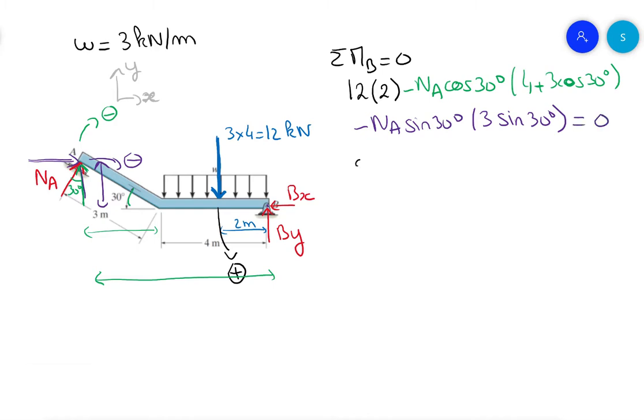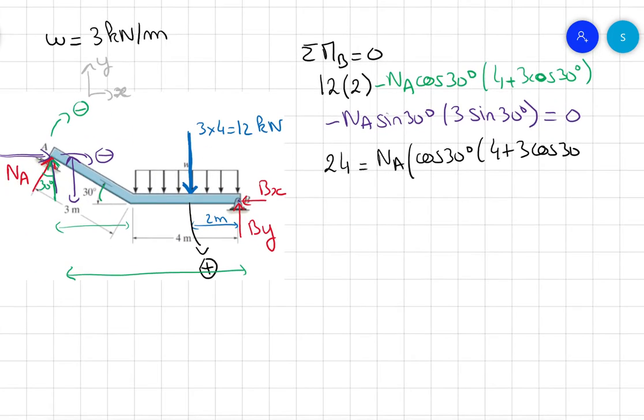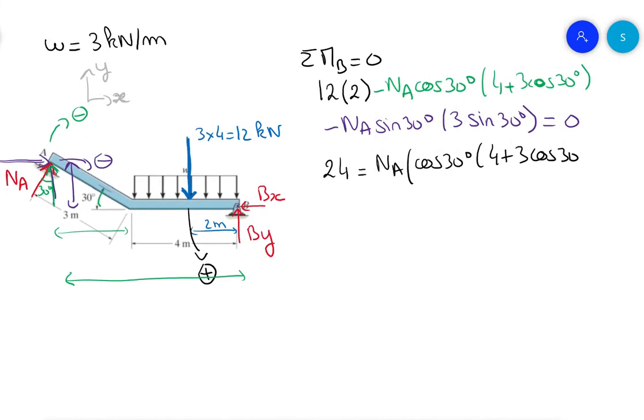So we have 24. That is equal to, I will factorize by NA. So we have cosine 30 times 4 plus 3 cosine 30. And that's inside the NA. I switch both on the other side. So that's plus everywhere. So plus sine 30 times 3 sine 30. There.